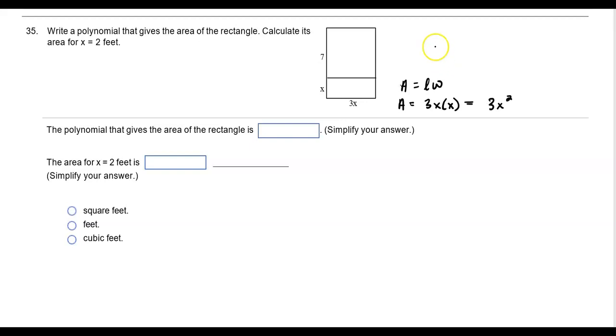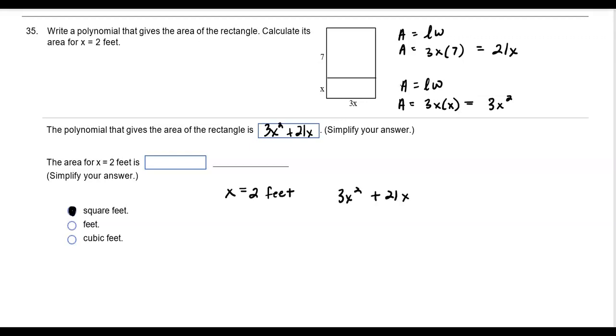And then we're going to find the area for the larger rectangle, length times width, and we have 3x times 7, and that's 21x. So the polynomial that gives the area for the rectangle is 3x squared plus 21x.